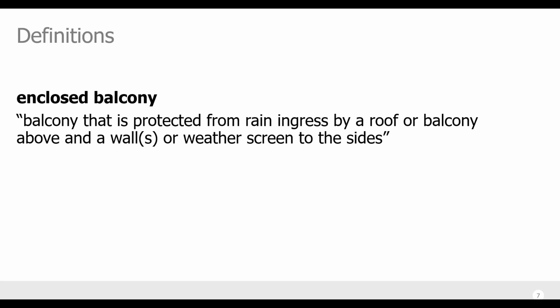This differs slightly from some people's perceptions, but it was felt there was a need for a national standard and a national line in the sand as to what an enclosed balcony is and what its function is. This is explained by a diagram, which is in the next slide.